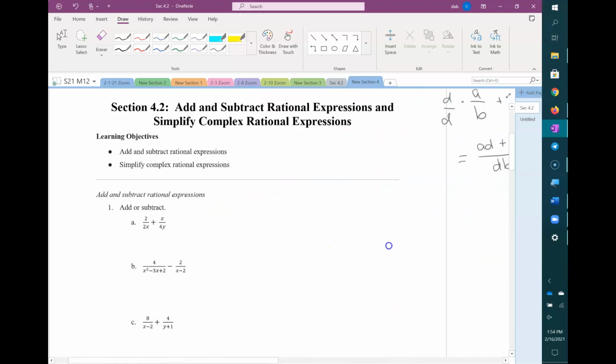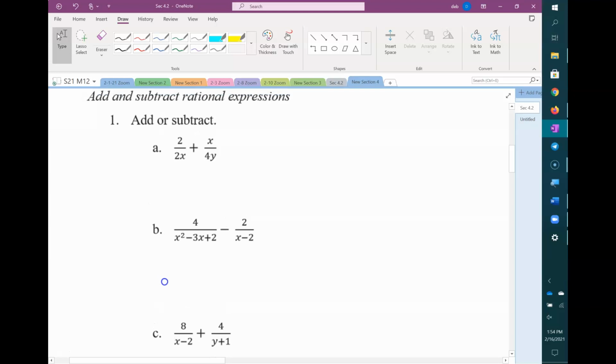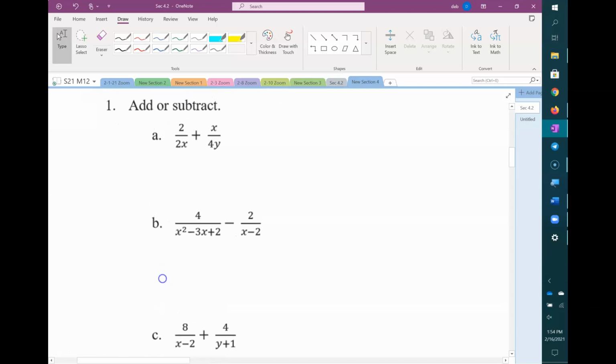Okay, so let's go back to this problem with x's and y's. I can see that my first denominator has factors of 2 and x. My next denominator has a factor of 2 and another factor of 2 and a factor of y. So my LCD is going to be 4xy.